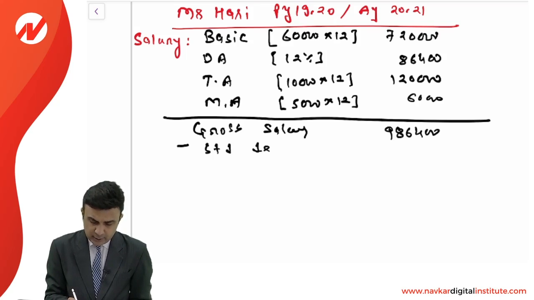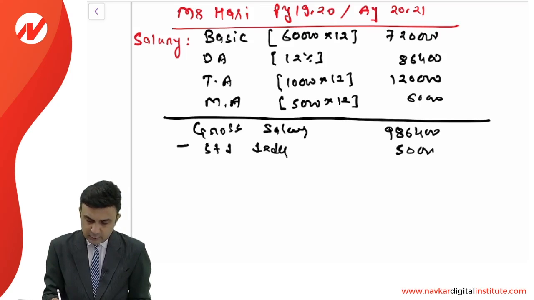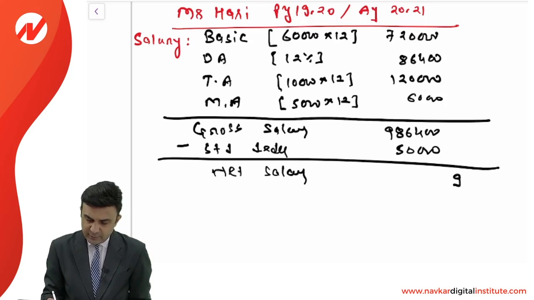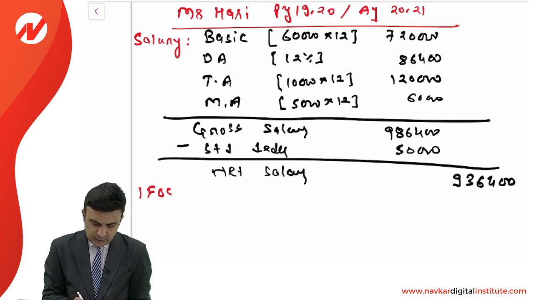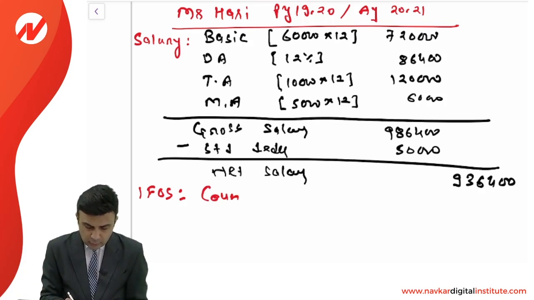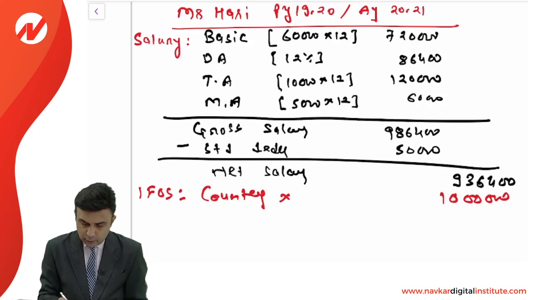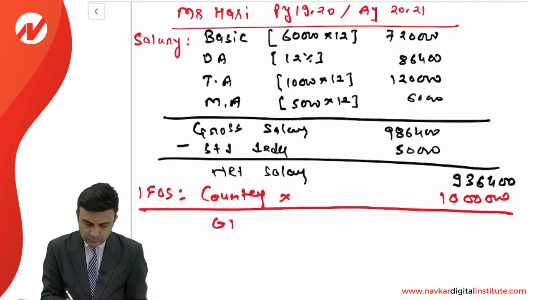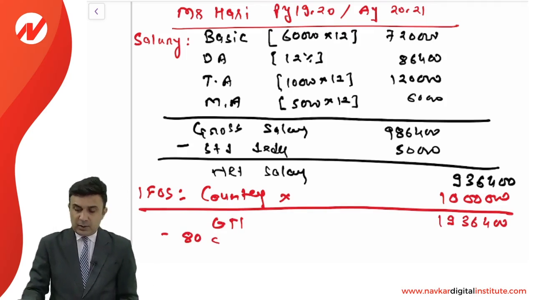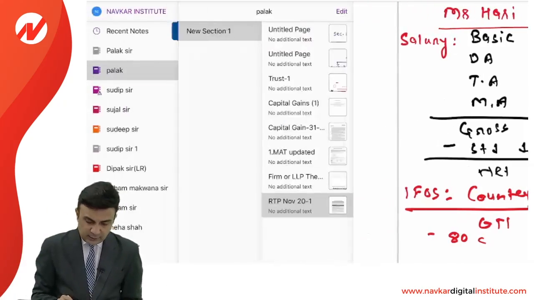Don't forget to deduct standard deduction, which is 50,000, and my net taxable income under the head salary will be 936,400. Friends, under the head income from other sources, I have income from country X to be 10 lakh, and my GTI being 19,36,400. From the same, my client is eligible to get certain deductions.